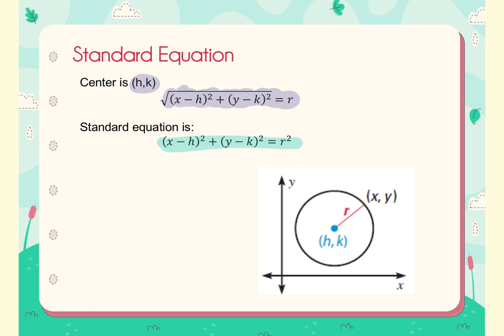You can go straight to the standard equation. So the only difference is you now have an h and a k. h is the x coordinate of your center. k is the y coordinate of your center. Notice it's a minus, so you always change the sign. Always subtract.